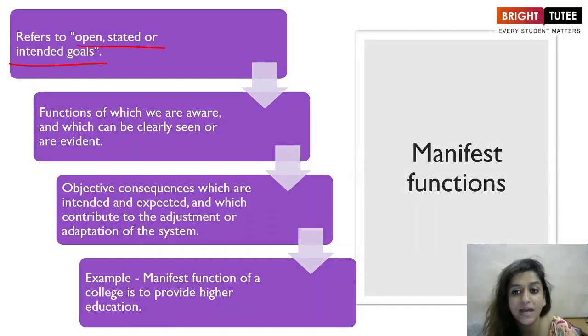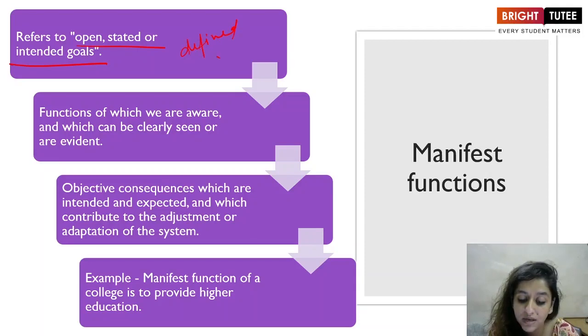Very openly said, very clearly defined, and some things that are intended to be done. So these are open, stated, and intended goals. They are made clear and defined to you.